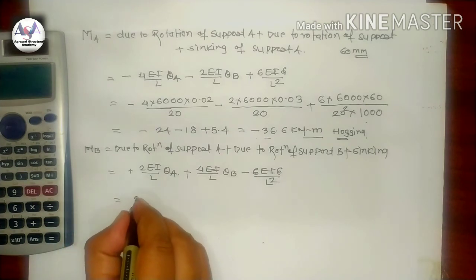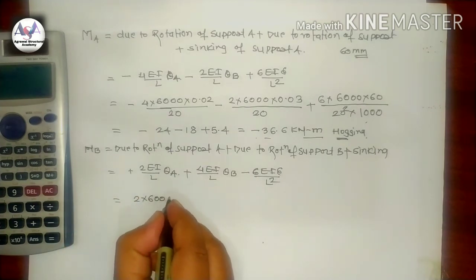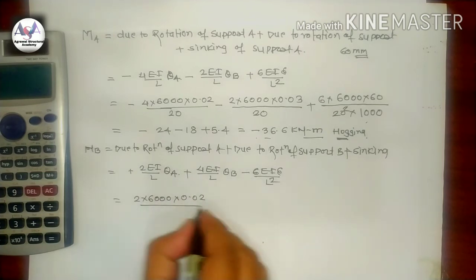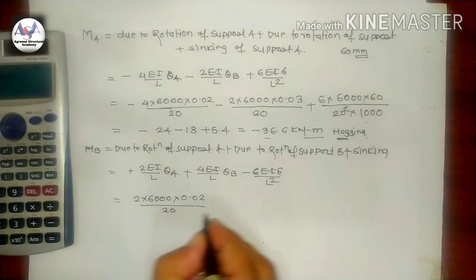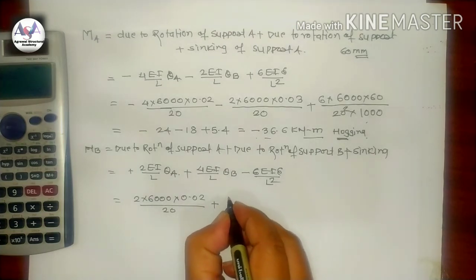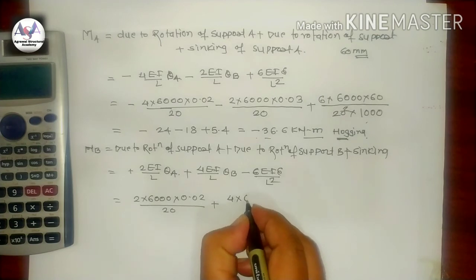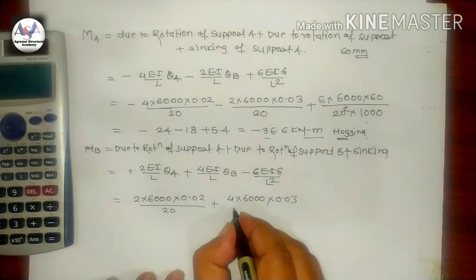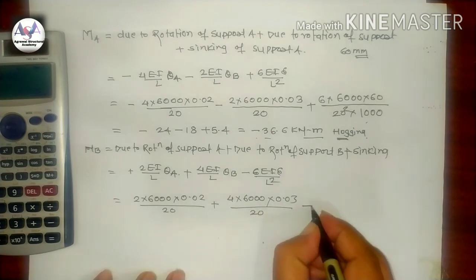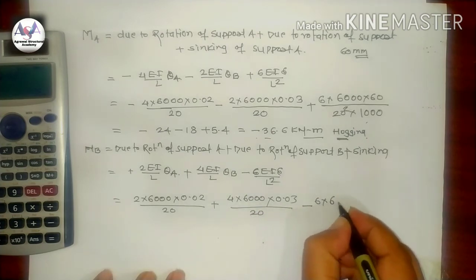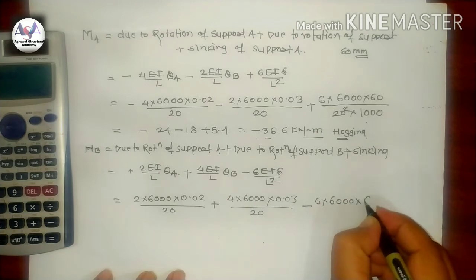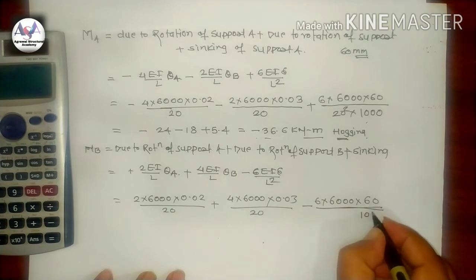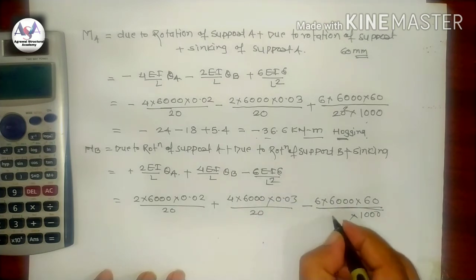Now put all these values: 2 into 6000, theta is 0.02, divided by 20, plus 4 into 6000 into 0.03 divided by 20, minus 6 into 6000 EI, delta is 60 divided by 1000, and here is L square, so 20 square.